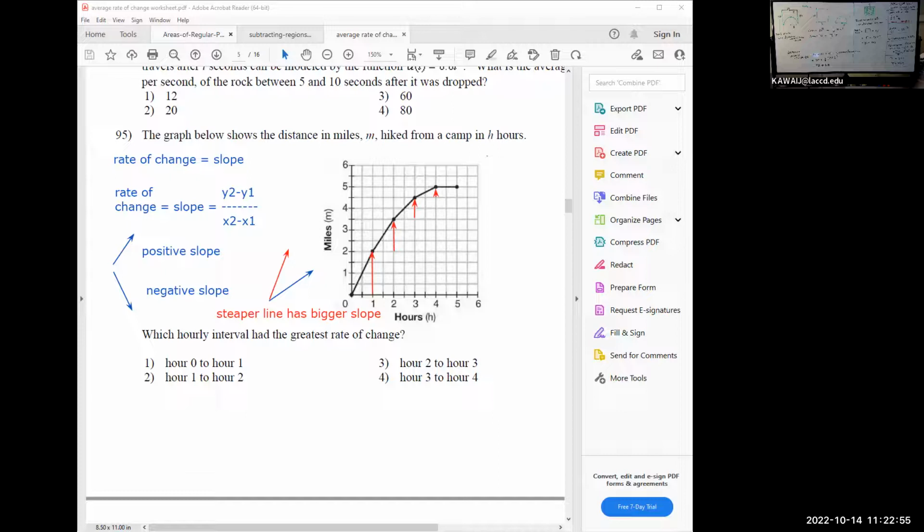And that one would be 0 to 1 hour. We could see that this line right here is going up the fastest. We can see over here, it's not going up at all. Okay, so that's how you tell, really quickly, which one has the steepest slope if they just give you a bunch of lines.